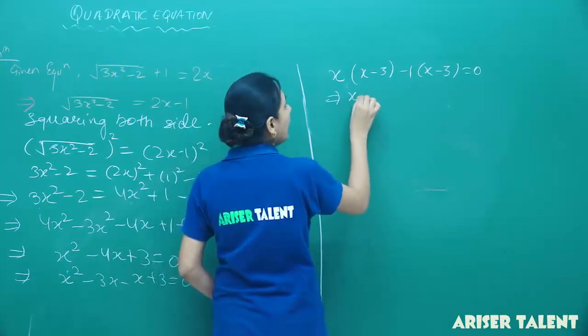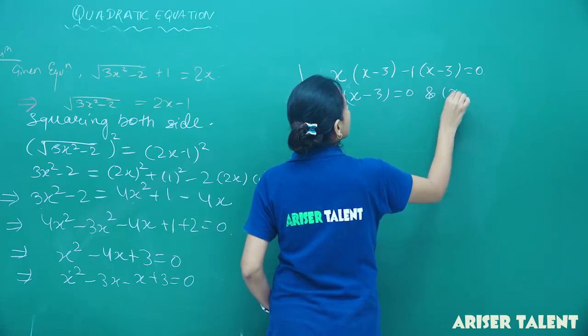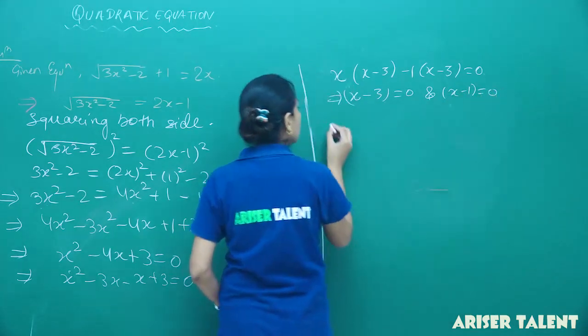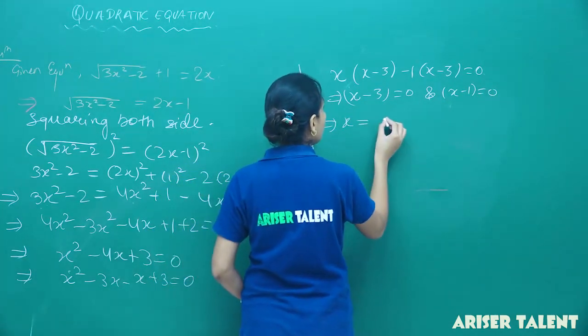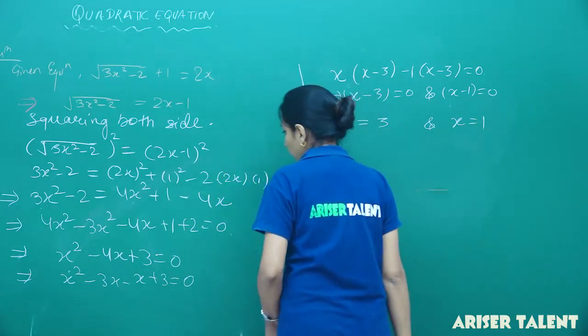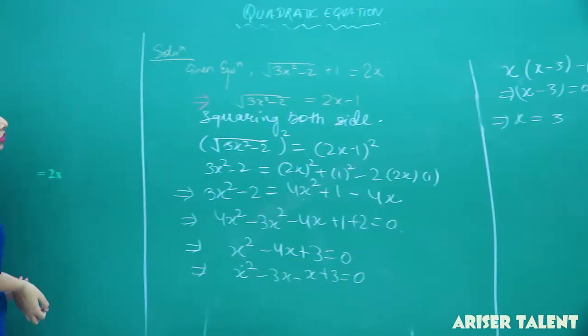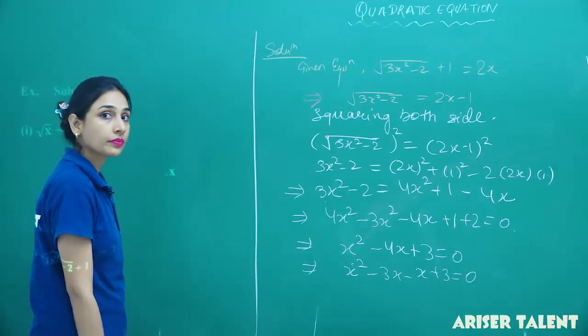That will give you x minus 3 equals 0 and x minus 1 equals 0. So the values of the roots are x equals 3 and x equals 1. Okay students, so note this question. Here you can find out the roots like this.